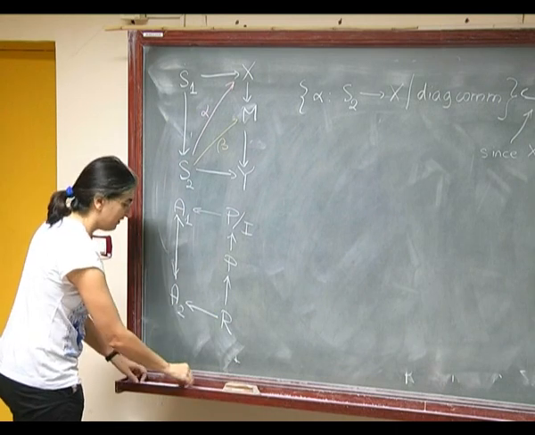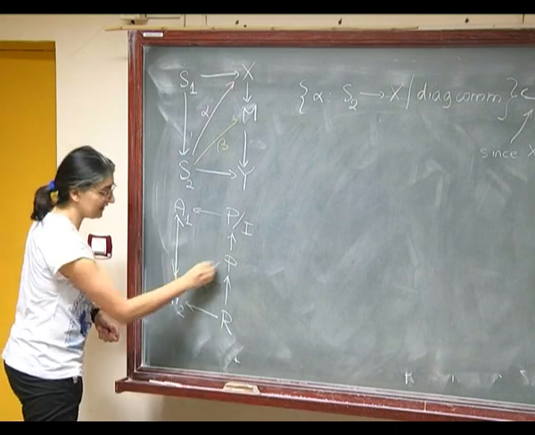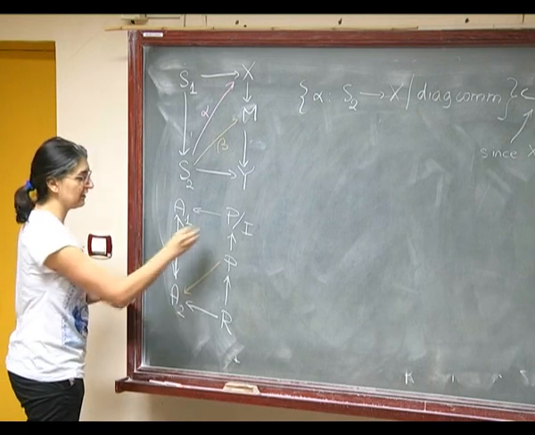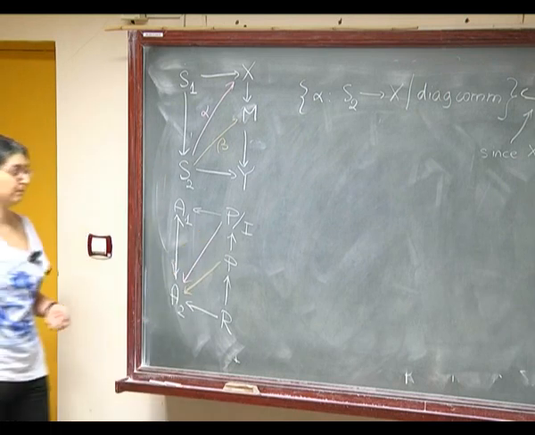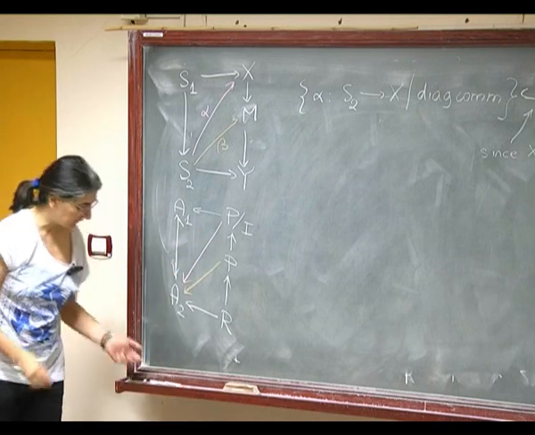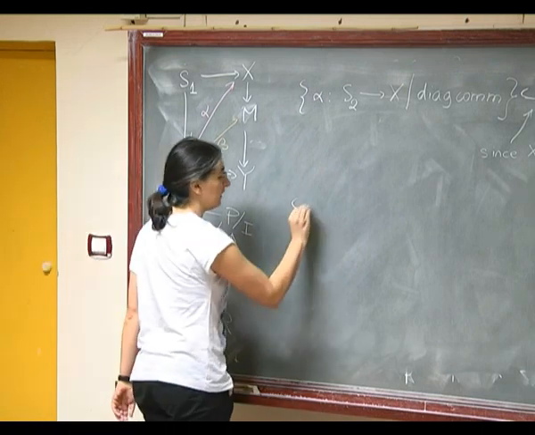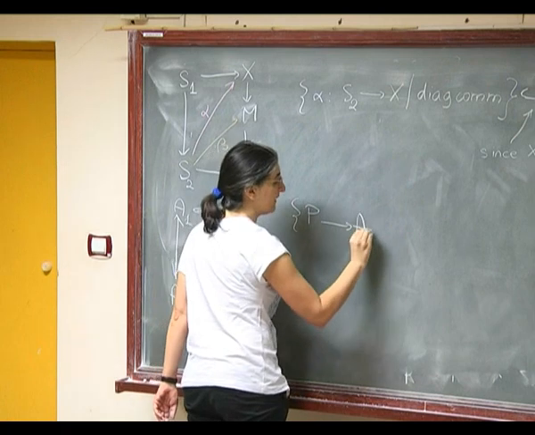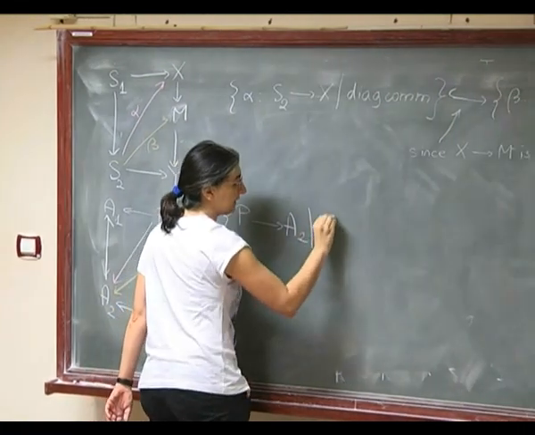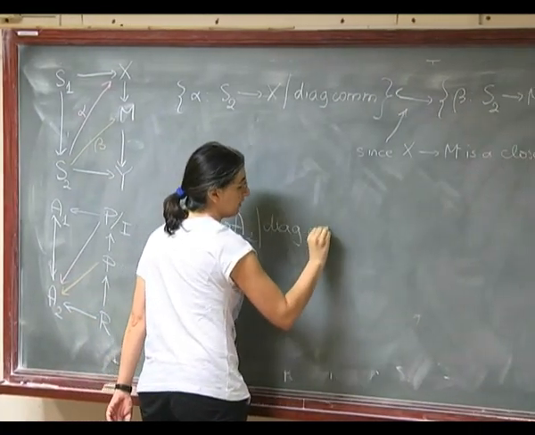Okay, so I've rewritten the diagram in the algebra description. Now I take the set of all P to A2 such that the diagram commutes.